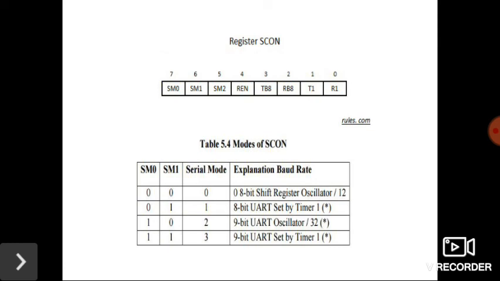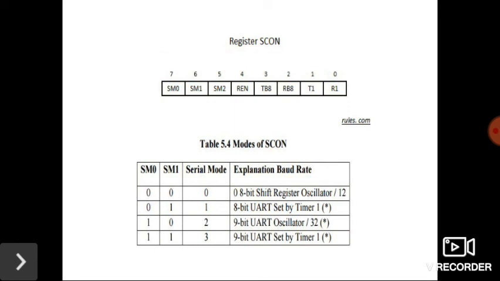REN is the receiver enable bit. SM2 enables the multiprocessor communication feature in modes 2 and 3. Then SM1, serial port mode bit 1, is set or cleared by the program to select the operating mode.